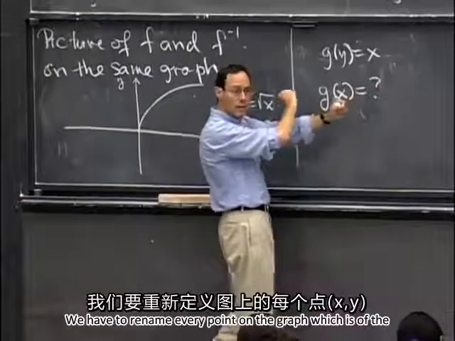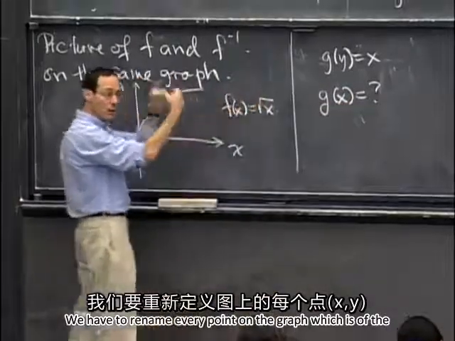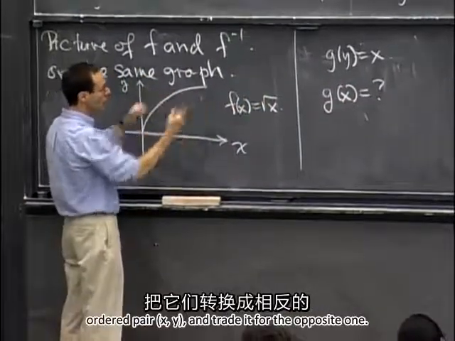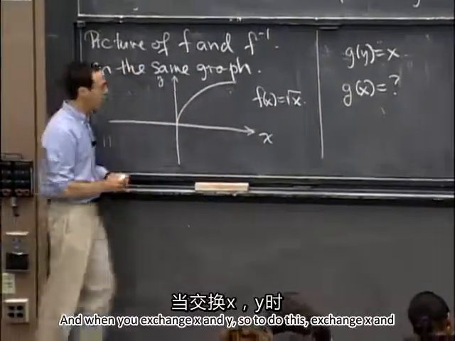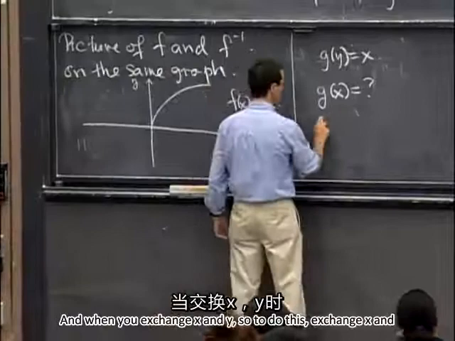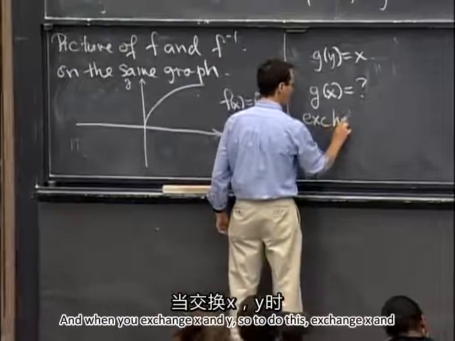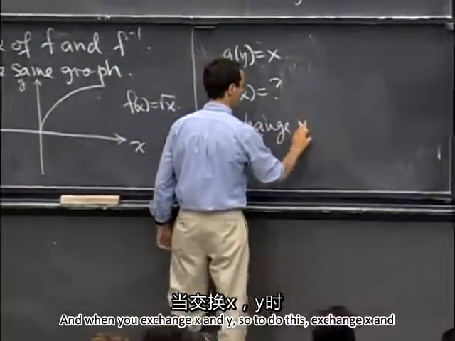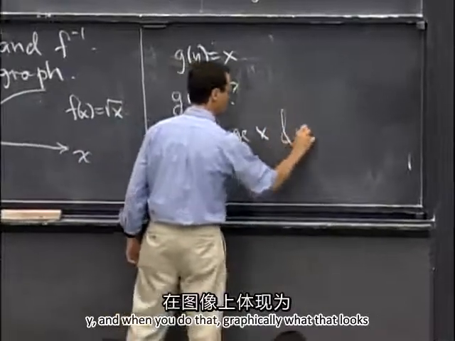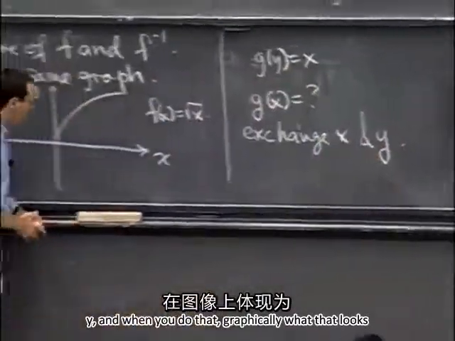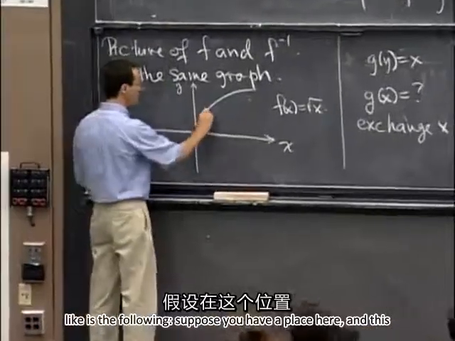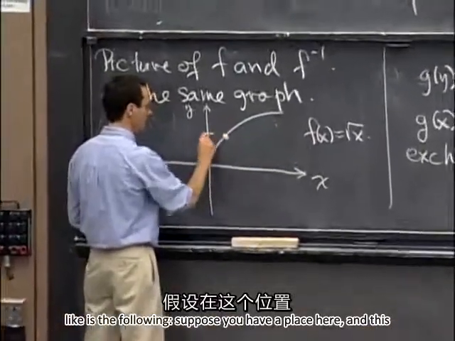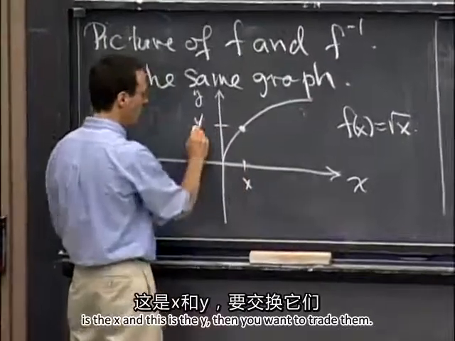Then that would be, in effect, trading the roles of x and y. We have to rename every point on the graph, which is the ordered pair x, y, and trade it for the opposite ones. And when you exchange x and y, graphically, what that looks like is the following. Suppose you have a place here, and this is the x and this is the y.